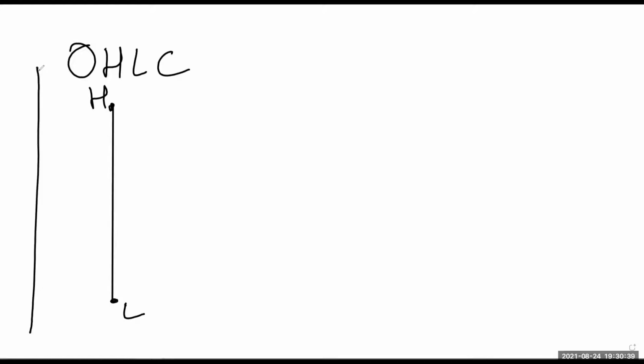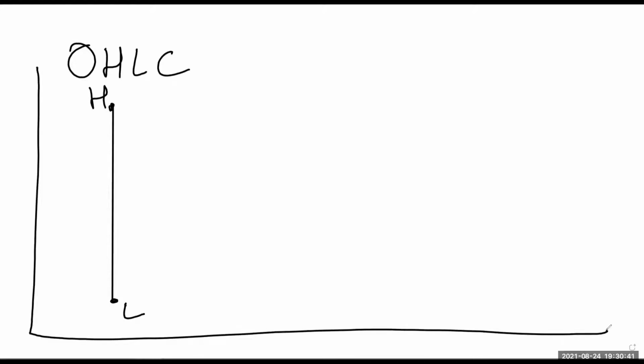Remember, this will all be plotted in a price chart, wherein you know that the vertical axis is price. So if, let's say, this is 100, 90, 80, 70, 60, like that, 50. Now, if this is the high and this is the low, it means roughly that during that day, the stock went all the way up to around 100, and it went all the way down to 50.